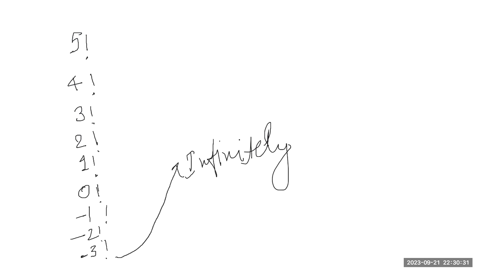So we can't go this way. We have to give it a base case, a surface to stand. We have to stop it somewhere. That point where we are stopping is called the base case.